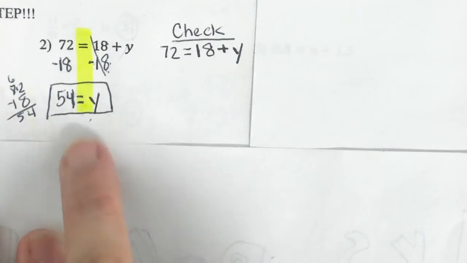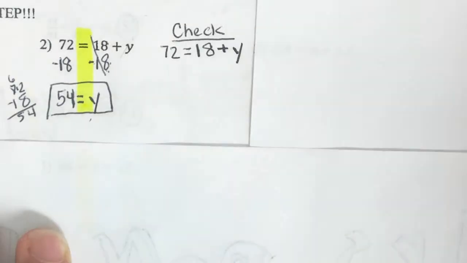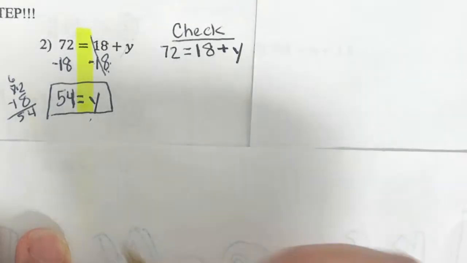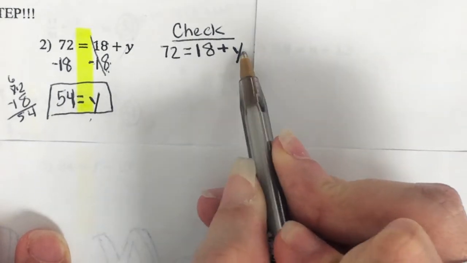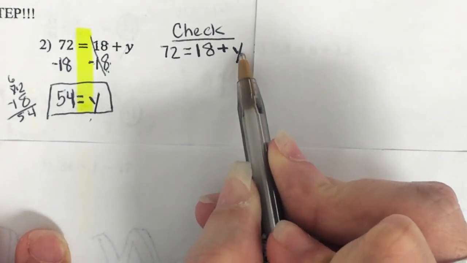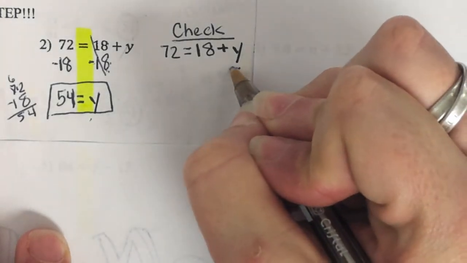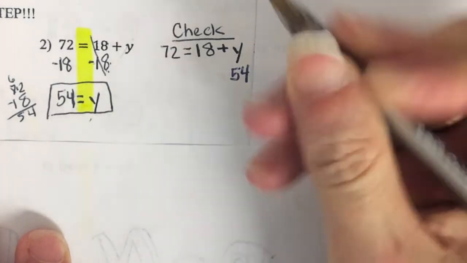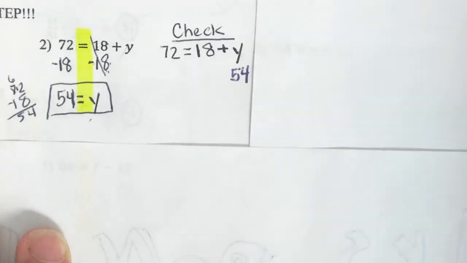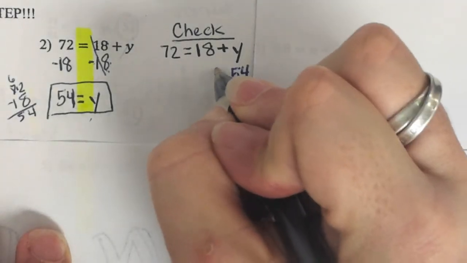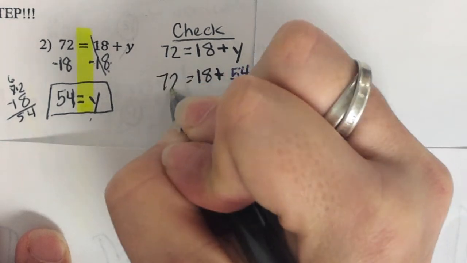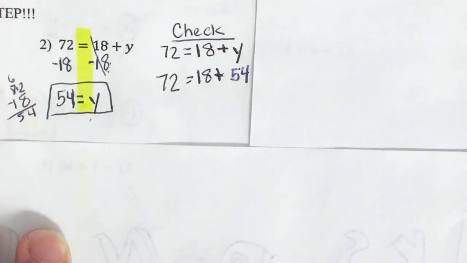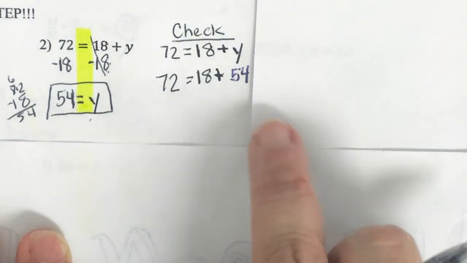Then over here, you told me y was 54, right? Okay, so I'm going to go over here where there's a y, and I'm going to fill it in as 54, and I'm going to copy the rest of the problem. And now I'm going to literally check my math.